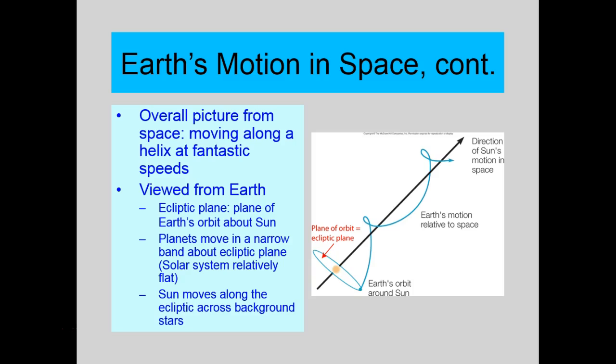So when we're here, the sun seems to be in the midst of these stars. When we get over here, the sun seems to be in the midst of those stars. So it's not that the stars are moving or the sun's moving, it's we're moving around the sun, putting the sun in the background of different stars in the background at different times of year. Okay.